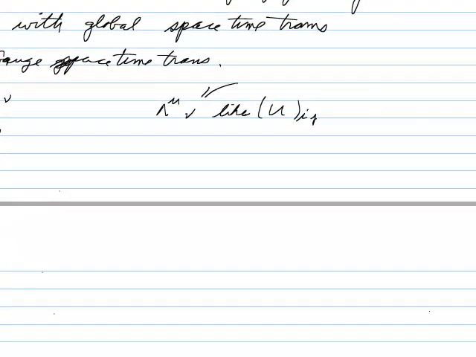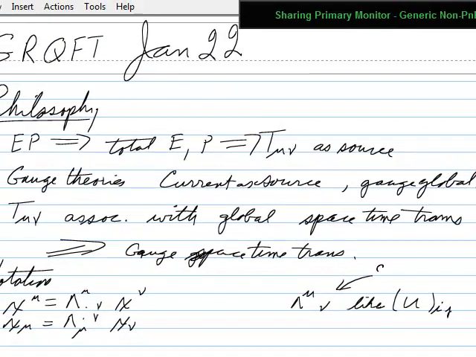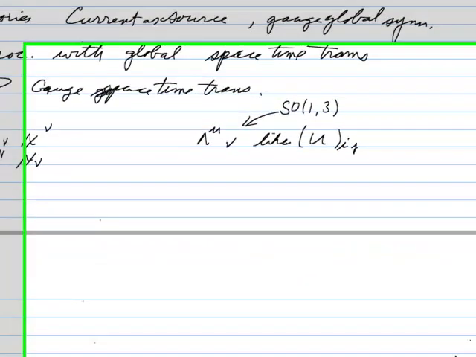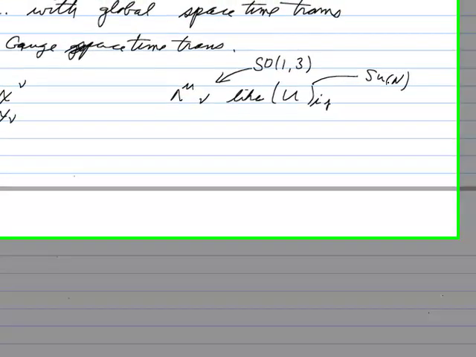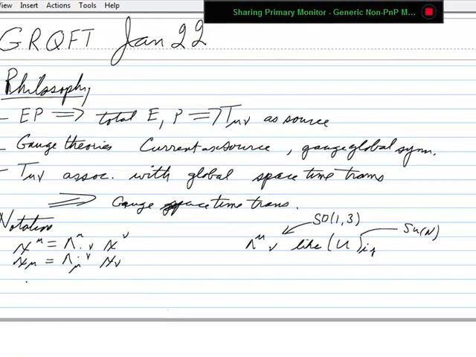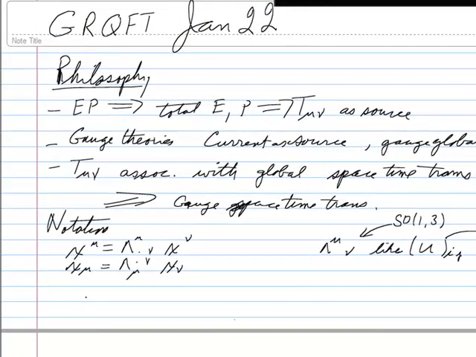This guy would, I'm not really great on the group theory part of this, be like an SO(1,3) group, and these we did as SU(N) groups. But basically, they satisfy group properties of multiplication and identities. Here's the inverse: lambda inverse mu rho lambda mu sigma is delta rho sigma.